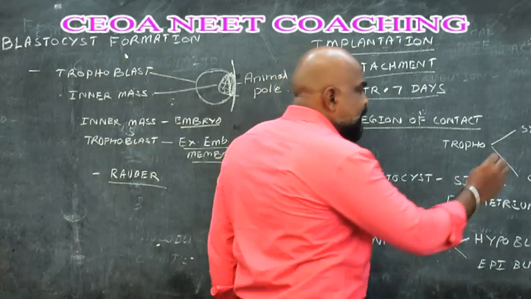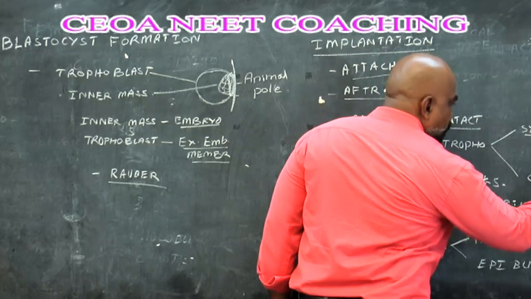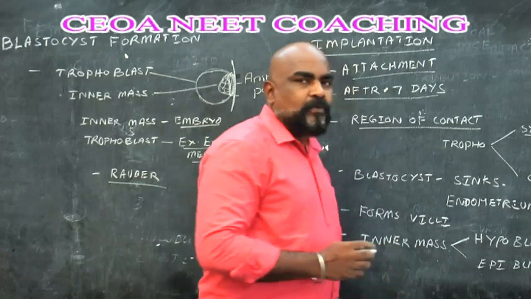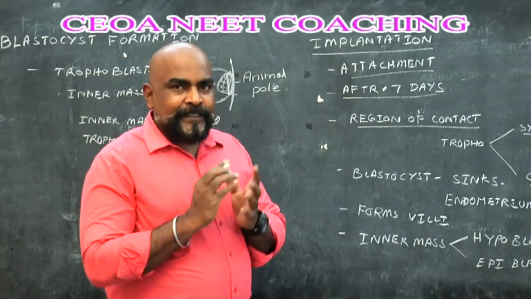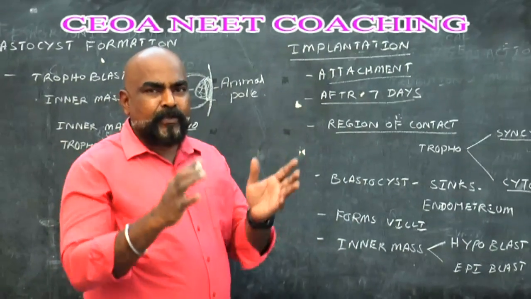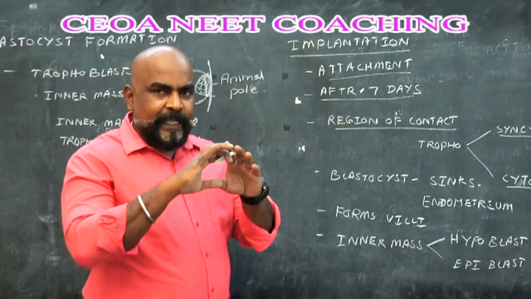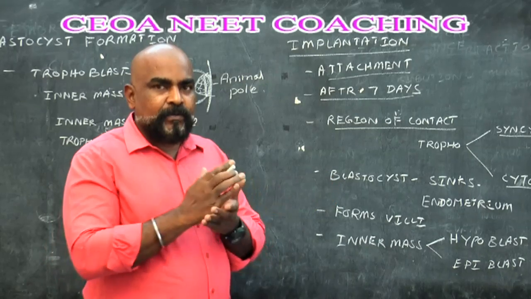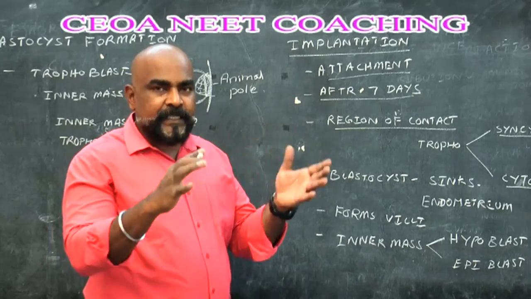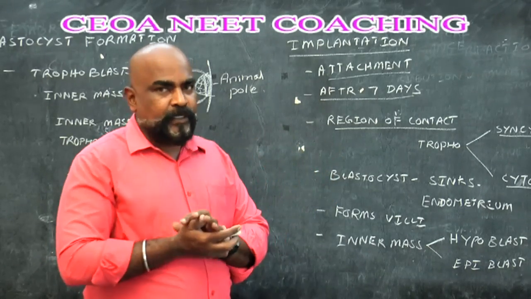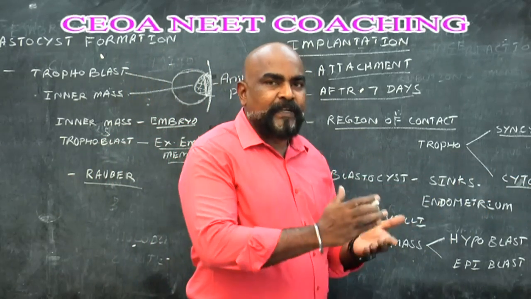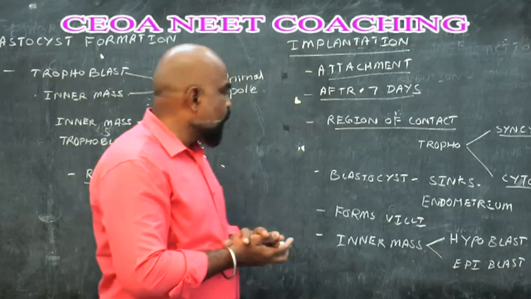One is a syncytial trophoblast, and the other layer is a cytotrophoblast. Syncytium means many nuclei. So this area is not made up of cells. There is no division of cells in this area, but it contains a lot of nuclei. Whereas the cytotrophoblast is made up of individual cells.